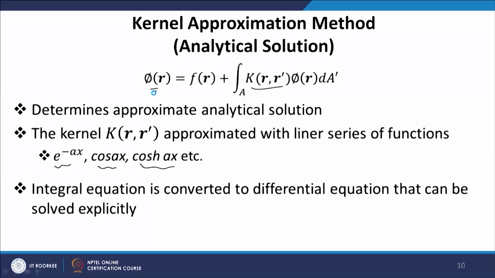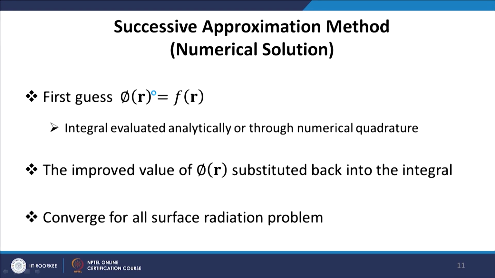The next method is the successive approximation method. This is a numerical method. What we do is we basically make a guess of this function and substitute it into the integral. Let us say we first guess that the distribution function for the heat flux or radiosity, the unknown function, is given by this function f.